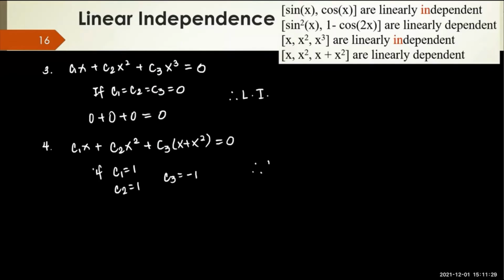Therefore, they have a certain relationship wherein it holds true. So this is linearly dependent, meaning those variables, those solutions are dependent on one another for it to hold true. You found a certain combination of coefficients.